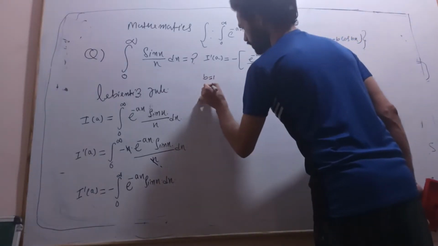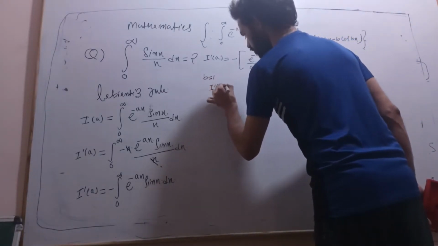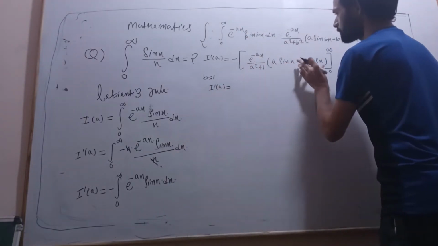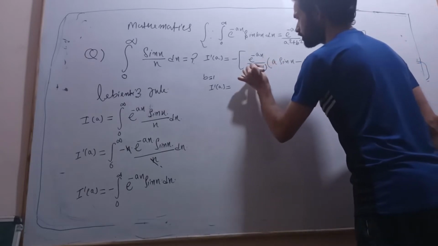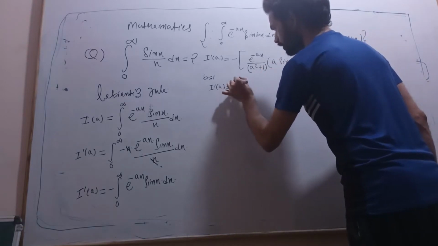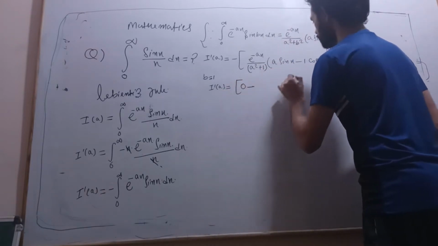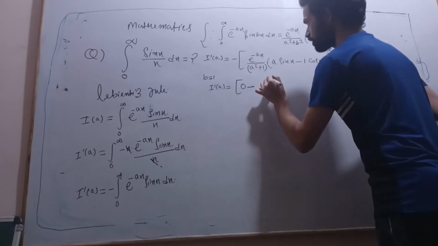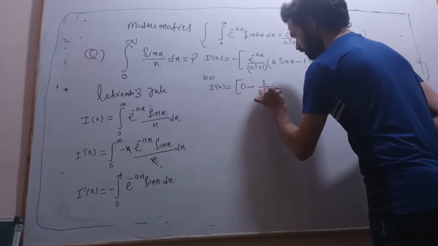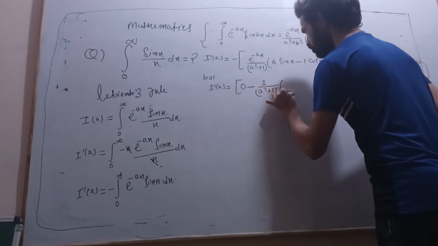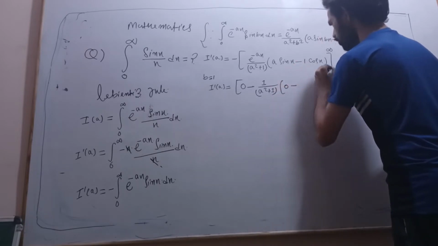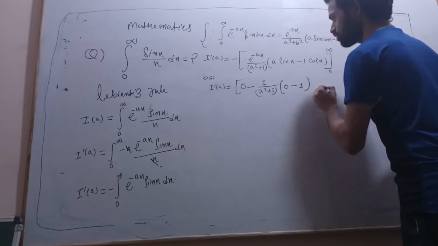Now just put the limits here. e to the power minus infinity is 0, and if you multiply any factor with 0, it becomes 0 only. This is the upper limit minus the lower limit. e to the power 0 is 1, divided by a square plus 1, into a sin 0, which is 0, minus cos 0, which is 1. So this is 0 minus 1.